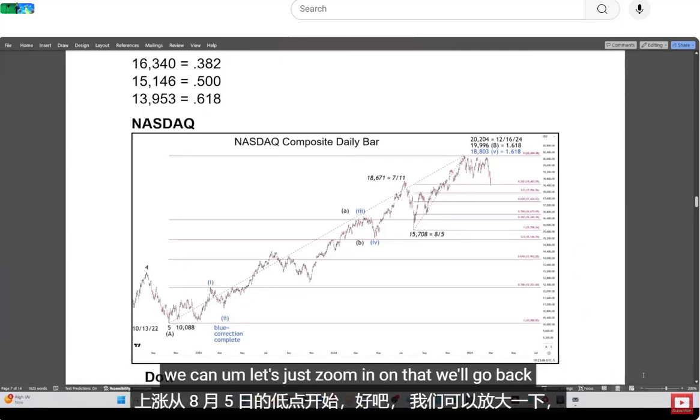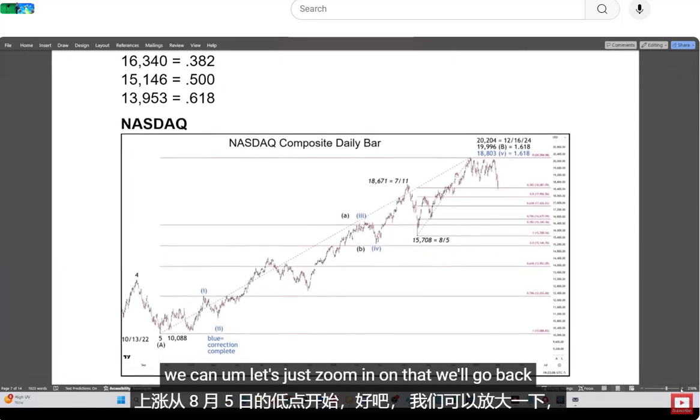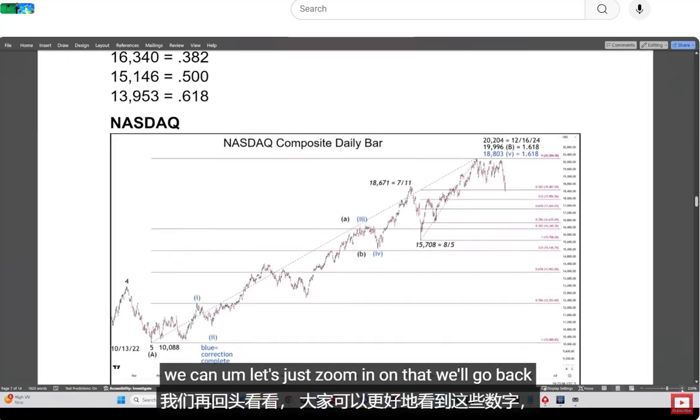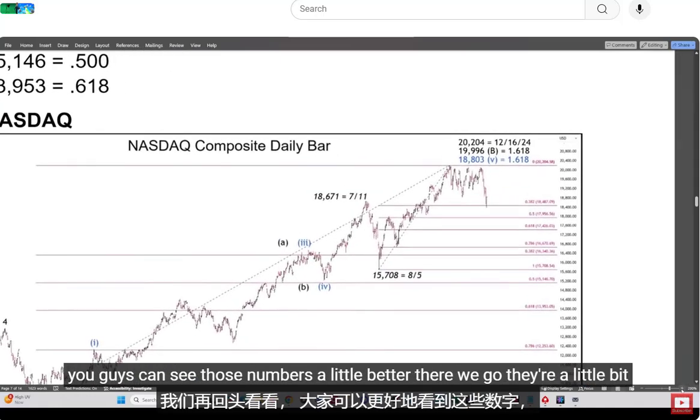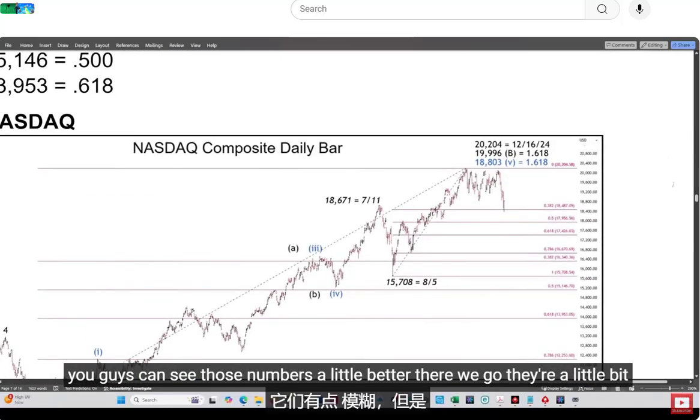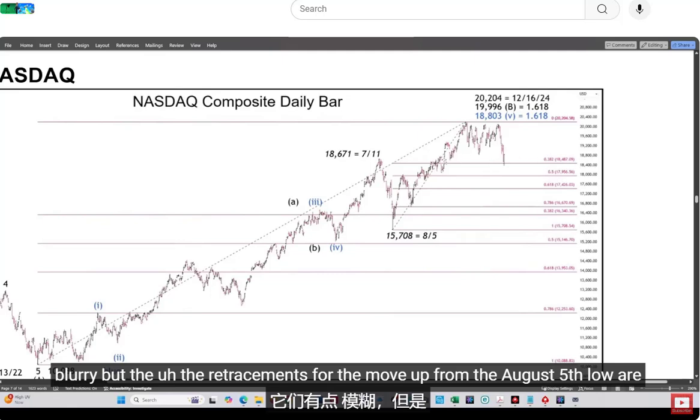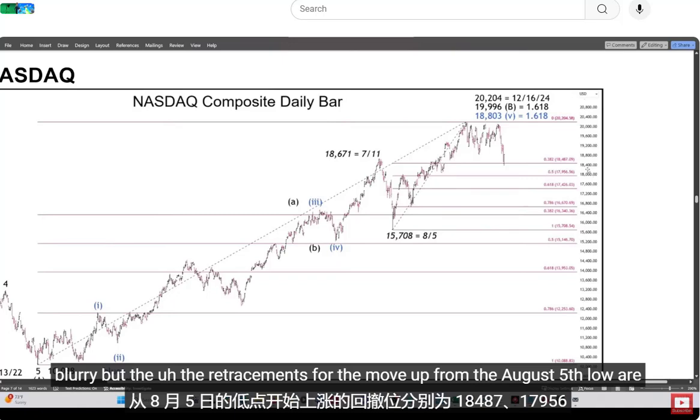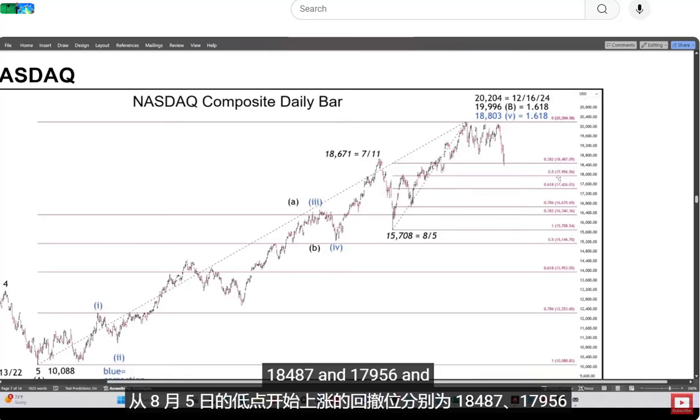Okay, and let's just zoom in on that so you guys can see those numbers a little better. They're a little bit blurry, but the retracements for the move up from the August 5th low are 18,487 and 17,956 and 17,426.